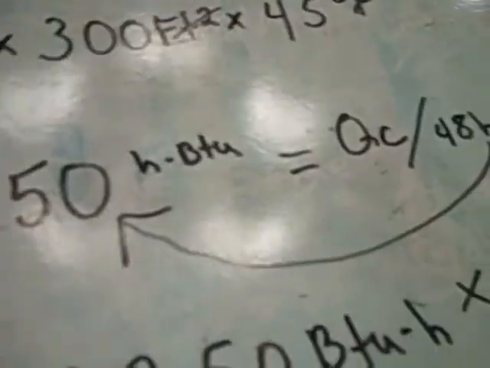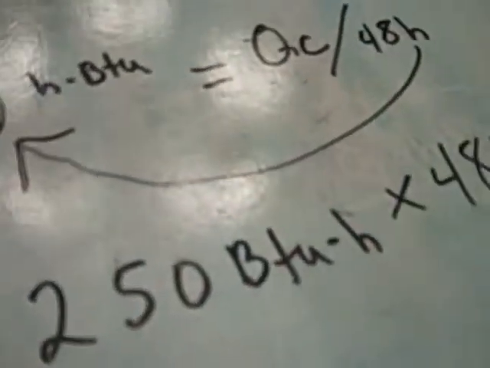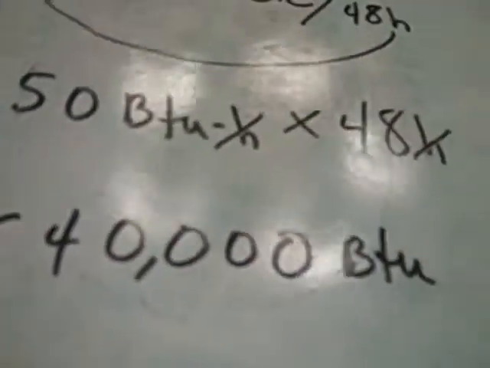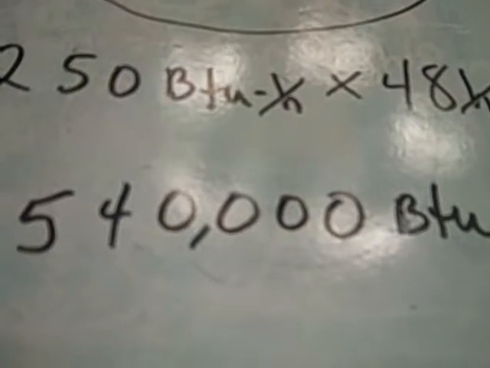And when I do that piece, I get my nice big number, and my hours cross out, and my answer is 540,000, and that is BTUs. So that is my answer to question 1.